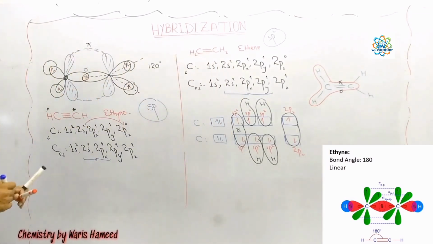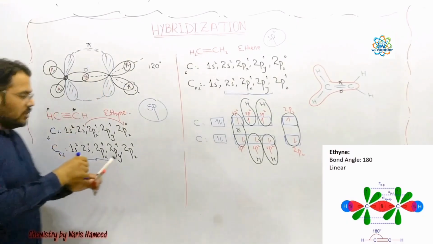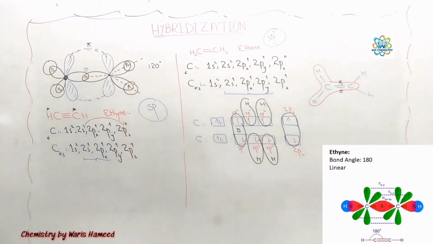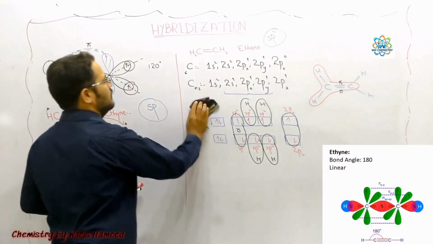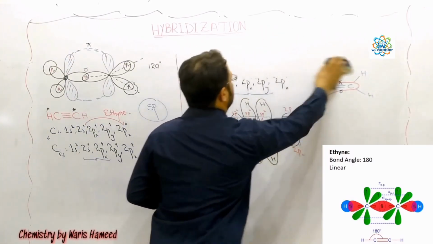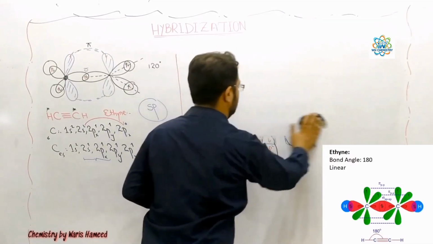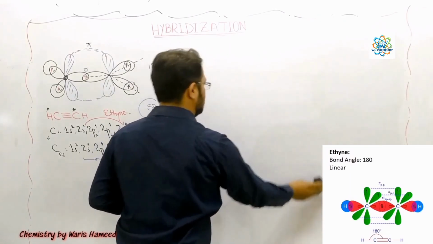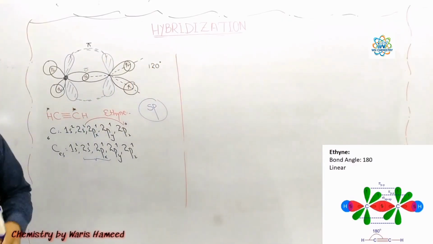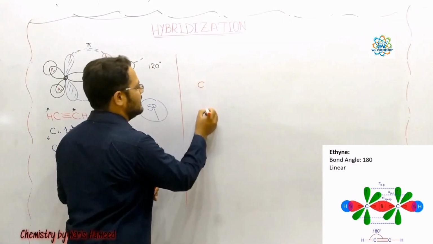Now their block configuration is, I am going to erase ethene. One carbon and second carbon.